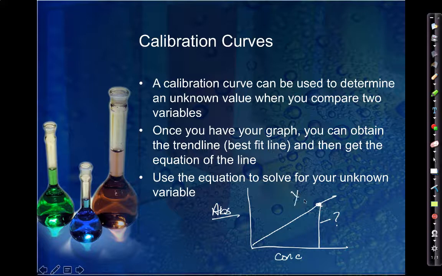And usually we do this with that trend line. We will get the equation of the straight line, and then we can use that equation to determine an x value or determine a y value, depending on what you're doing.